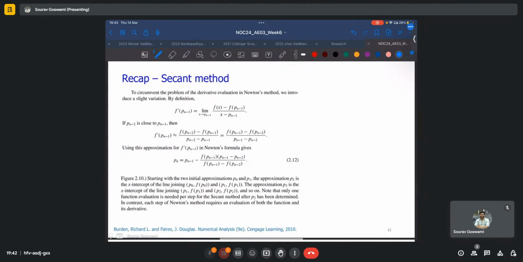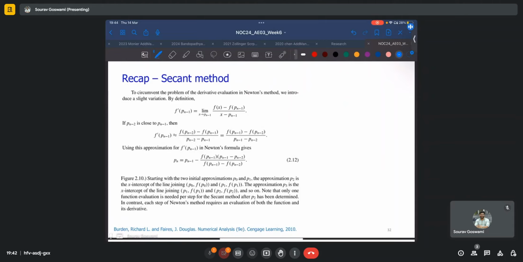We saw how Newton's method, or the Newton-Raphson method, involved the computational effort of calculating the derivative at every step. To sidestep that, we introduce a slight variation in the second method.